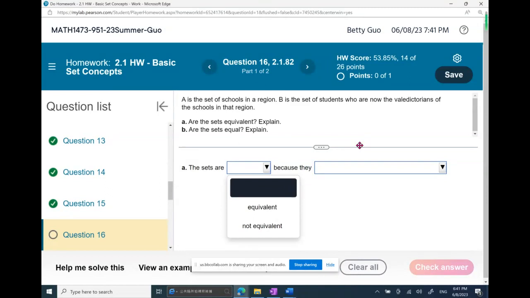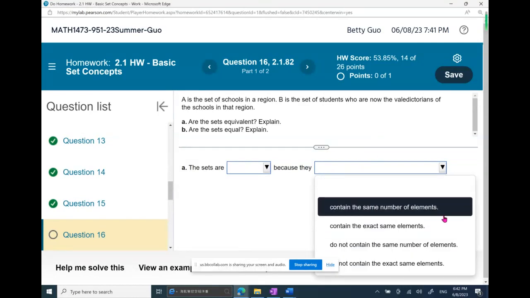No. Some could have two. Who are now means at a certain point, for example in May. So if every school has one, then they are equivalent.